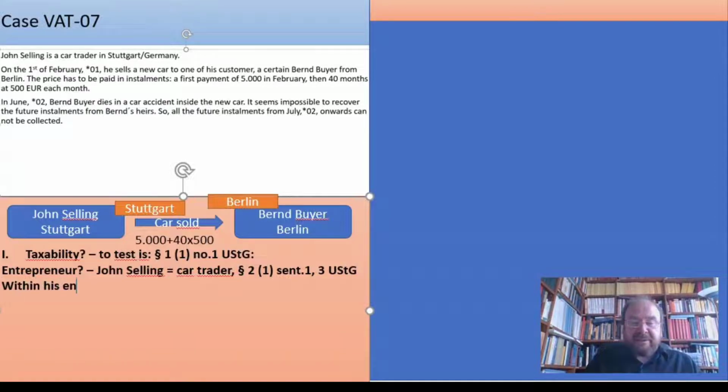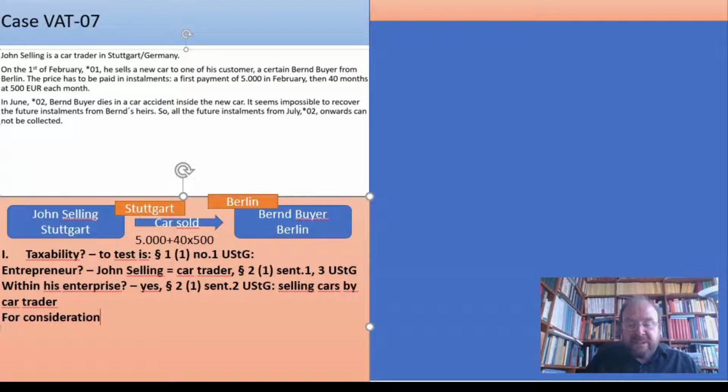Acts within his enterprise as paragraph 2, 1, sentence 2, UStG. That selling cars by a car trader is evidently a part of his enterprise, even the main objective.